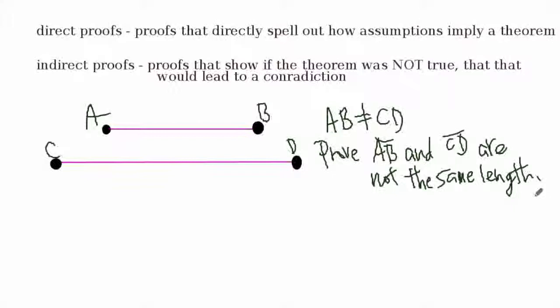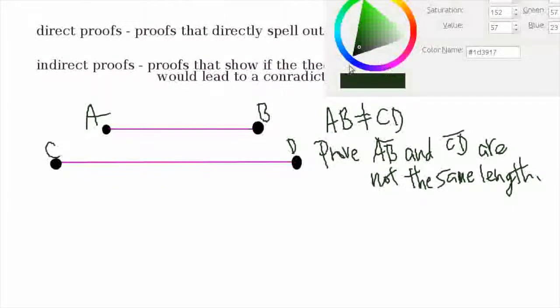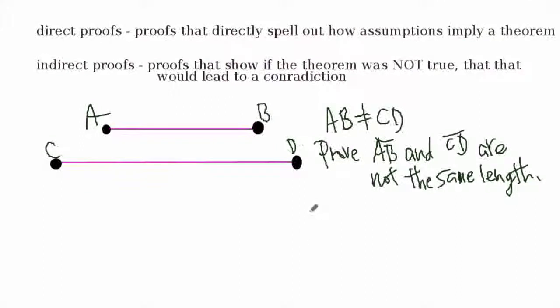Okay, so let's see. Let's assume that AB and CD were the same length, and let's show that that makes a mess of things. Okay, so assume that AB is equal to CD.